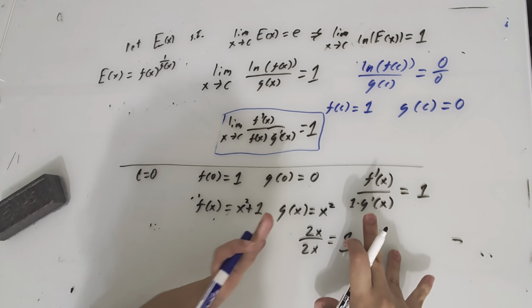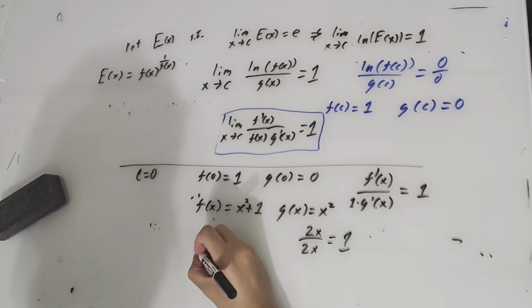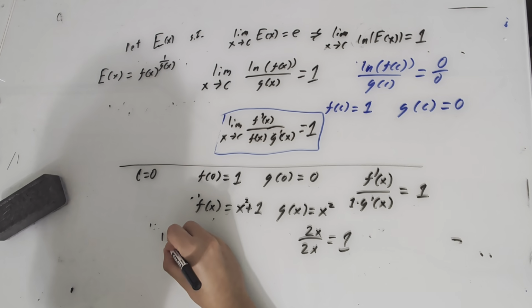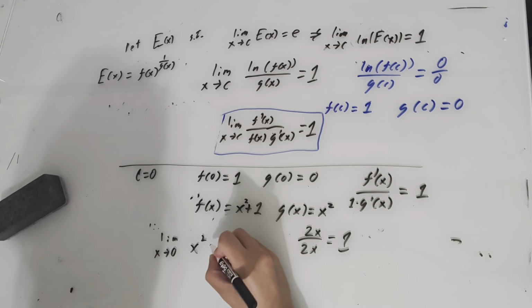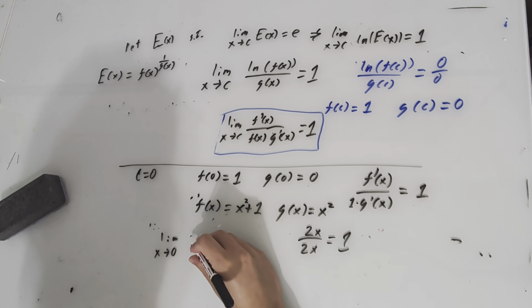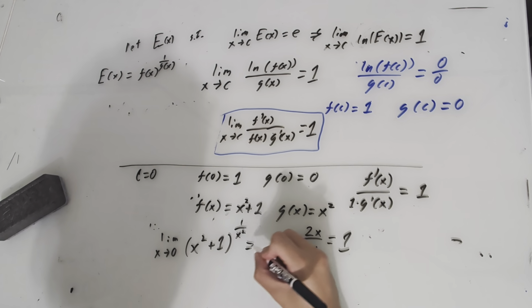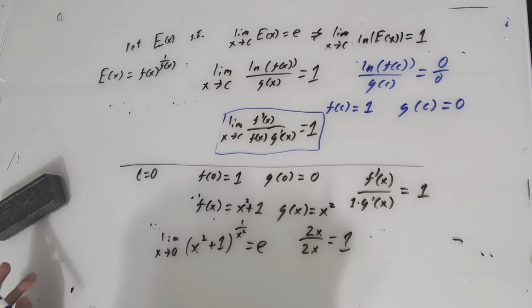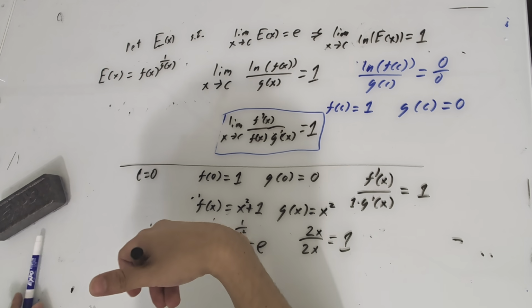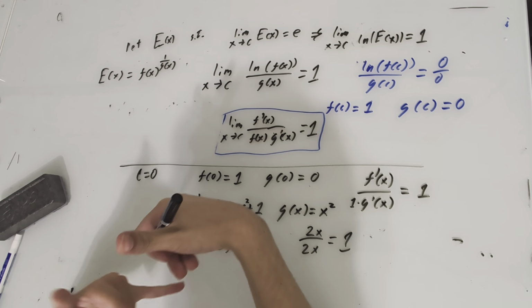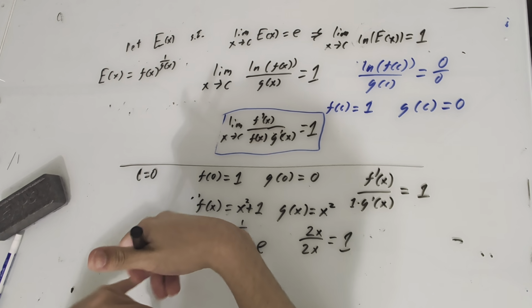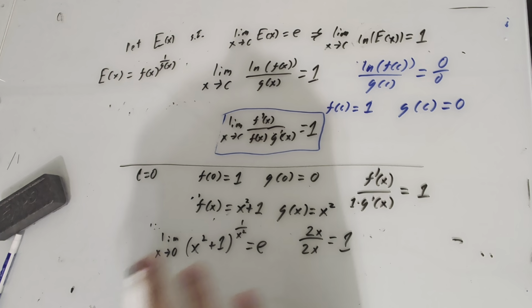So you can plug that in, and still, if we again just say their limit approaches 0, x squared plus 1 to the 1 over x squared, that would equal e. And you can sort of replace this variable to look like x.